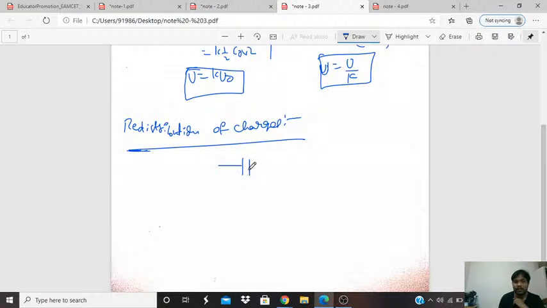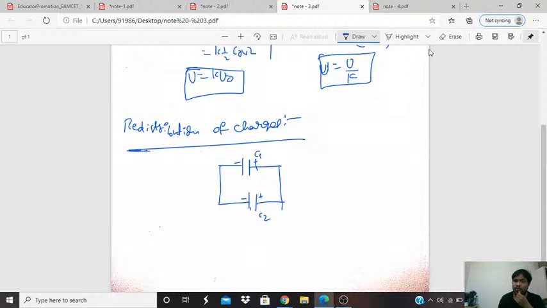See, this is one capacitor. This is another capacitor. Negative with negative, positive with positive, C1 and C2 are connected directly in parallel.